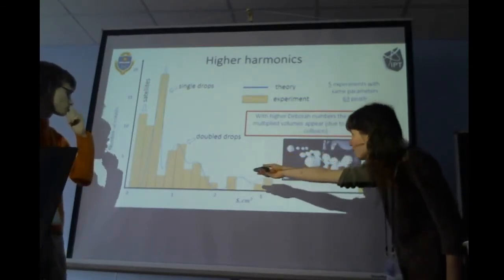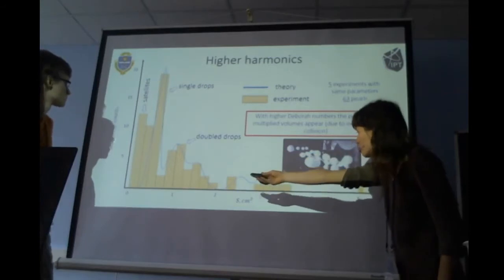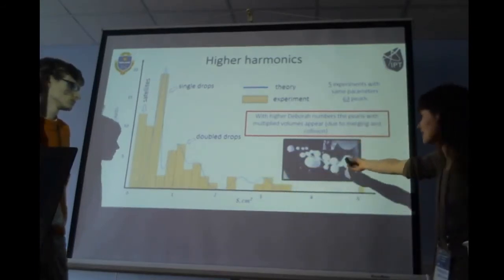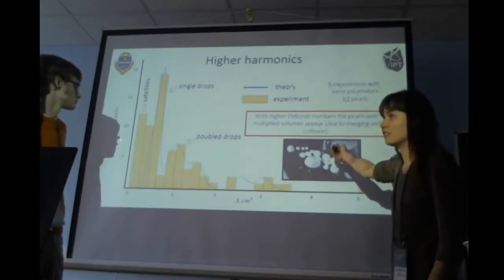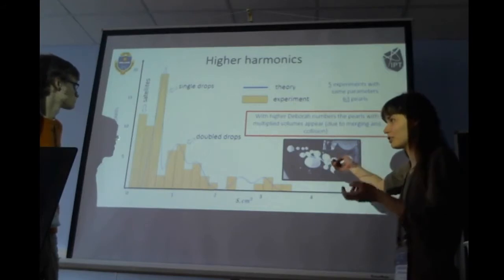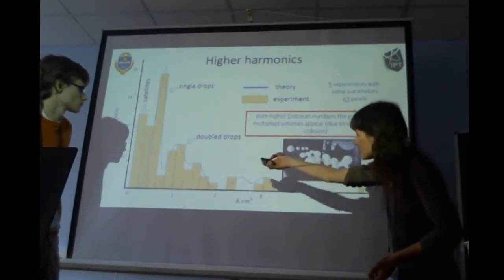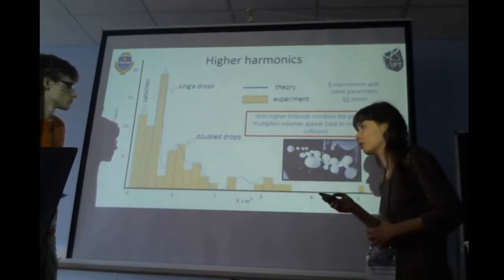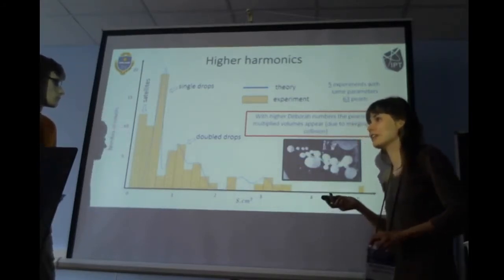This is triple drops, double drops, and here is the surface area. And the cylindric drops have the cylindric form because of the influence of surface tension, because of the balance of the surface tension and gravity. That means that the size is really doubled. The volume is also doubled. Do you understand me? Yes?